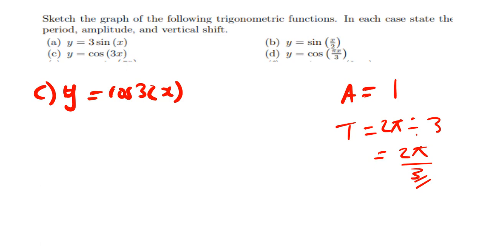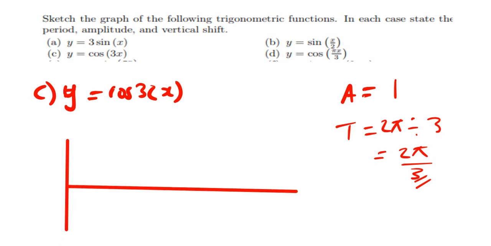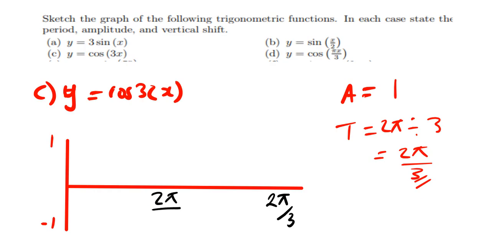We're going to say this is our y-axis, this is our x-axis. Amplitude is 1. Then we've got a period of 2 pi over 3. Now the half of this is going to give us 2 pi over 6.